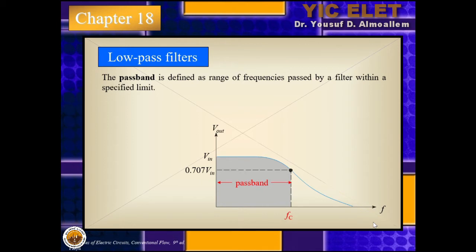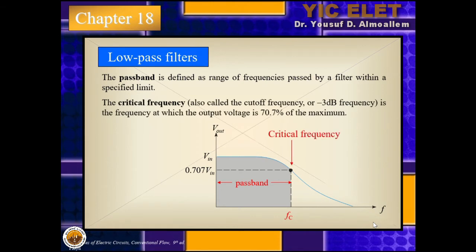So this range at which the frequency is passed is called the pass band. So simply it will be this frequency minus 0, so it is the FC, the length of this band. And as you can see here, at the critical frequency, the voltage output will be equal to 0.707 of the input voltage.